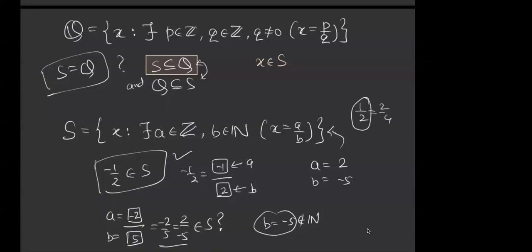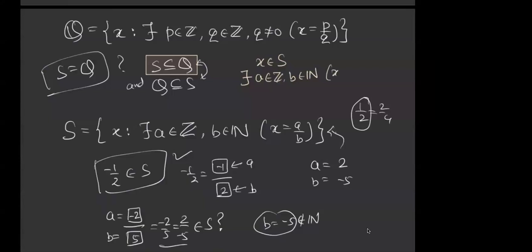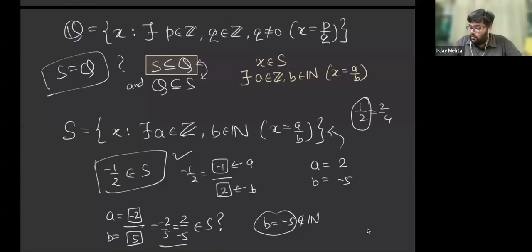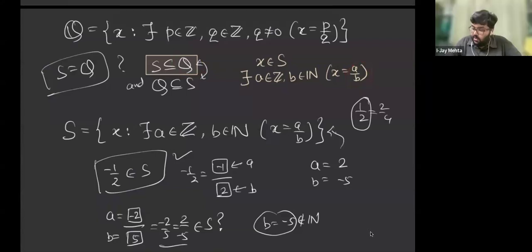If x is in S, then x is expressible in the form a by b, where a is an integer and b is a natural number. Okay, then there exists a in Z and b in N such that x equals a by b. And what we are proving is that S is a subset of Q. So I want to show that this is in Q. So how do we show that it is in Q?